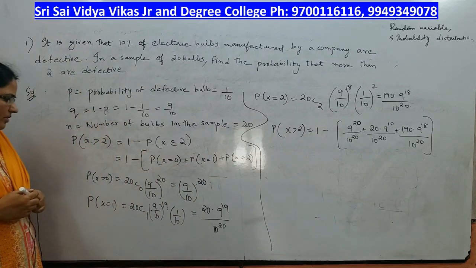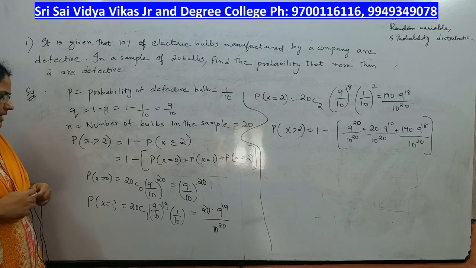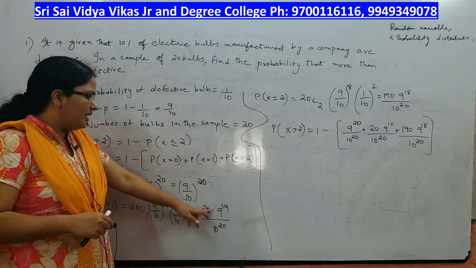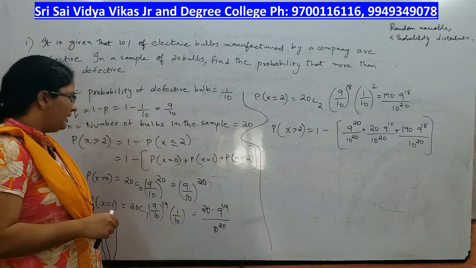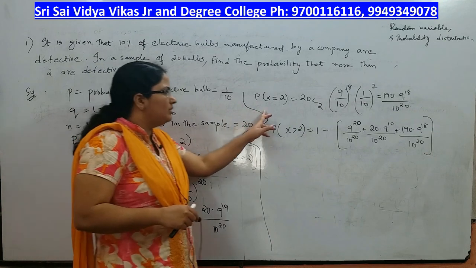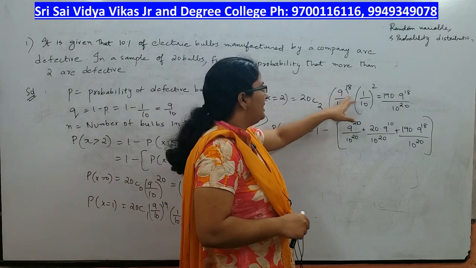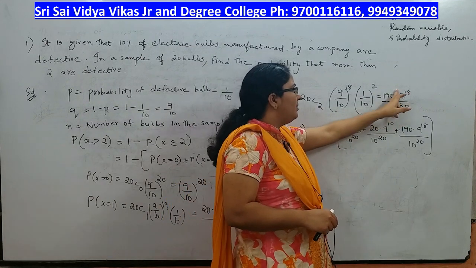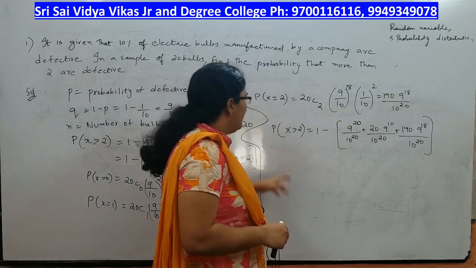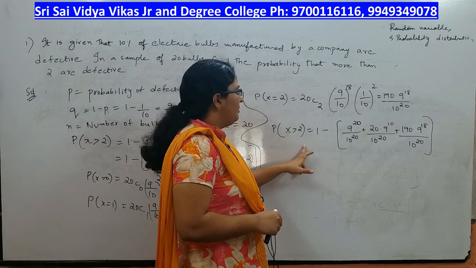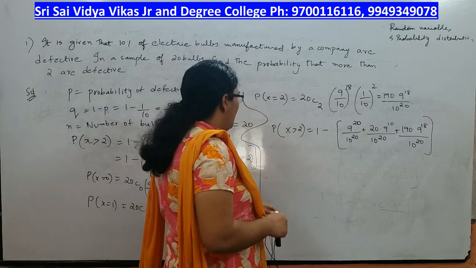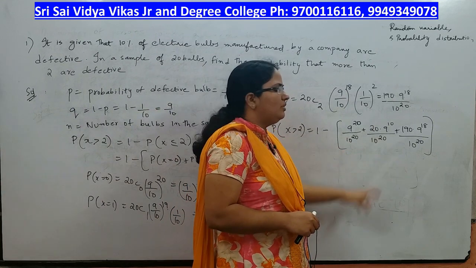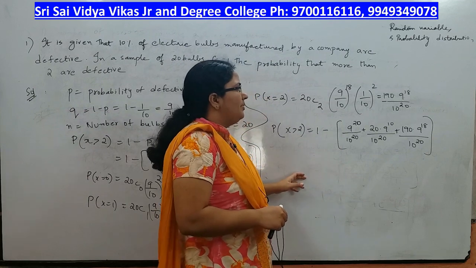P of x equal to 1 is 20C1, (9/10)^19 times 1/10, that is 20 times 9^19 by 10^20. P of x equal to 2 is 20C2, (9/10)^18, (1/10)^2, that is 190 times 9^18 by 10^20. P of x greater than 2 will be 1 minus [P of x equal to 0, plus P of x equal to 1, plus P of x equal to 2]. That is about the probability.